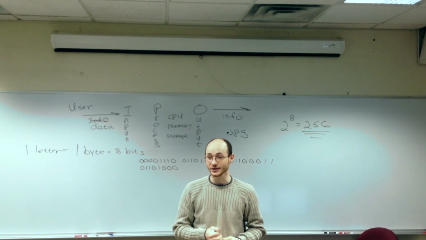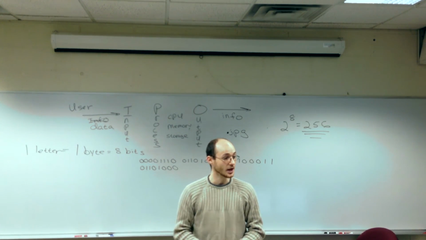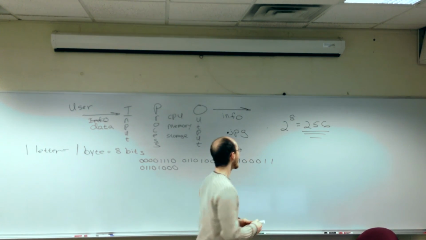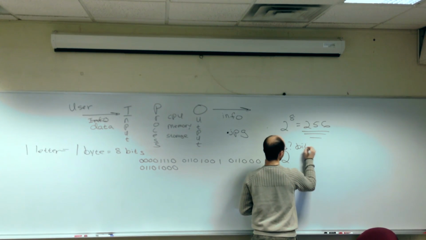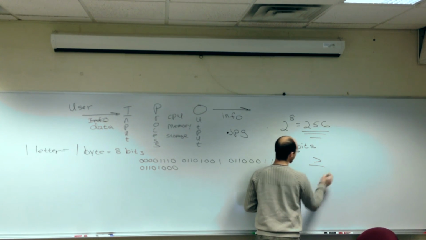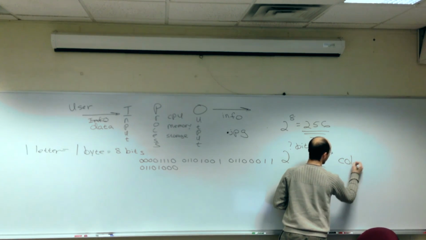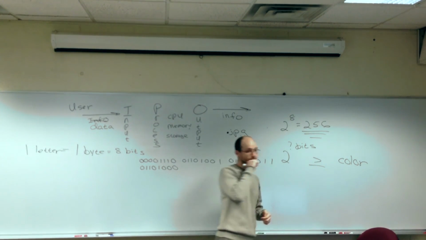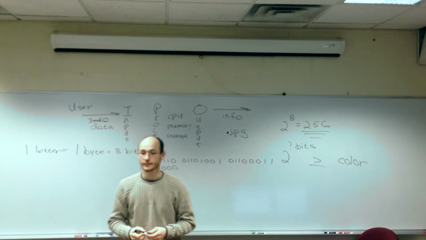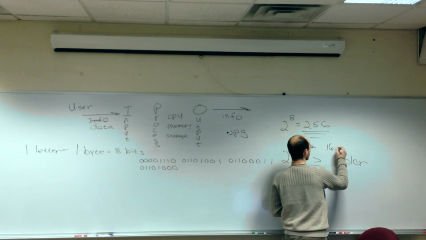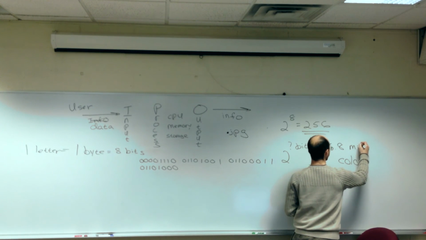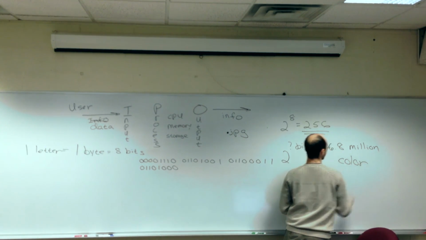Throughout the 80s and the 90s, we were collecting data. And we asked our question, how many bits do we need to represent color? And the answer became, the human eye can see about 16.8 million colors.